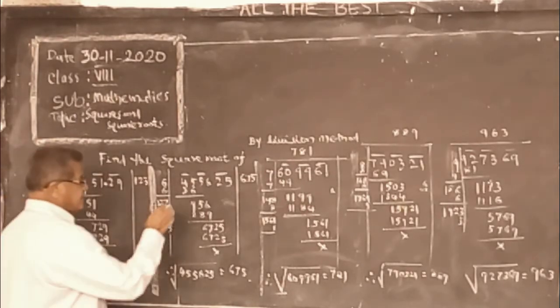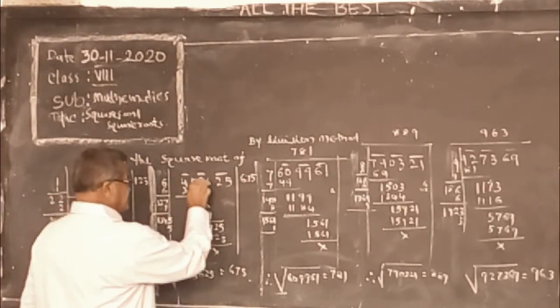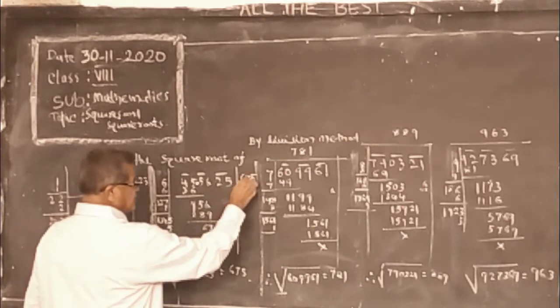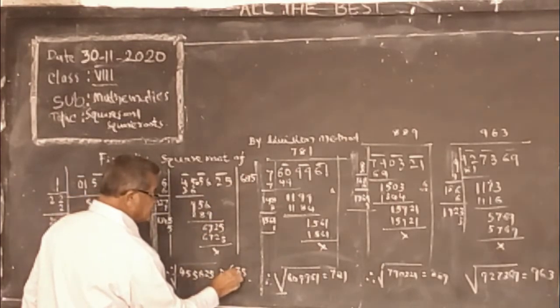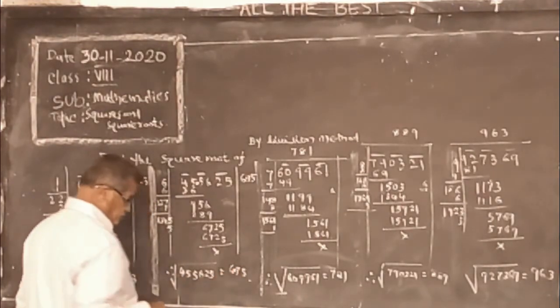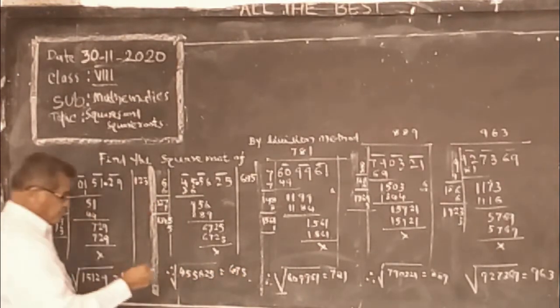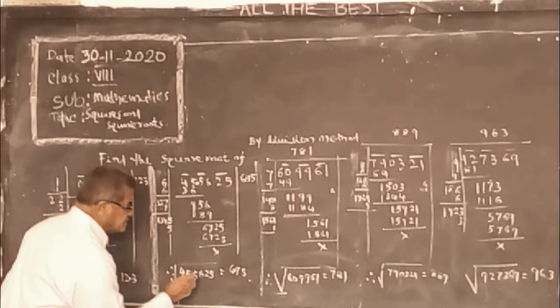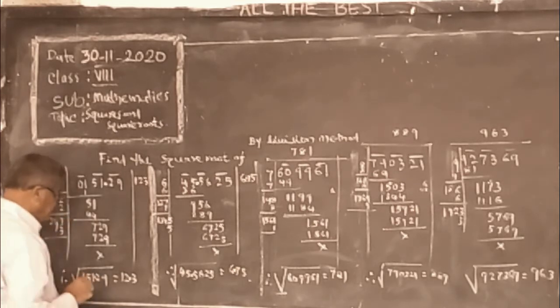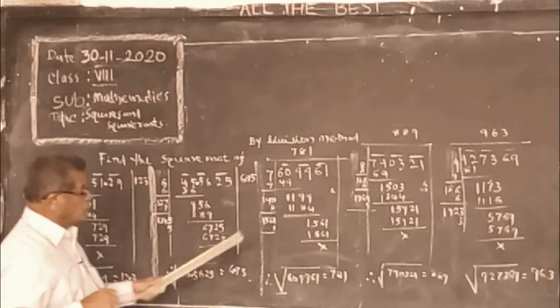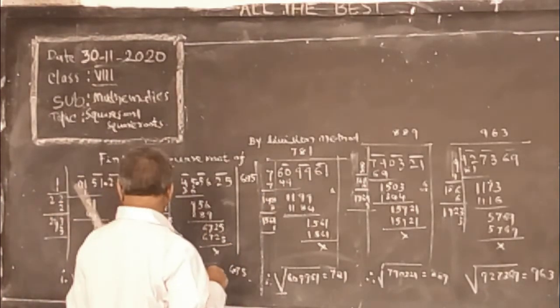Now I am taking here 4 digits. You take here decimal, put here 4 digits, last 2 digits, here decimal. 4 digits of decimal. Now here 4.